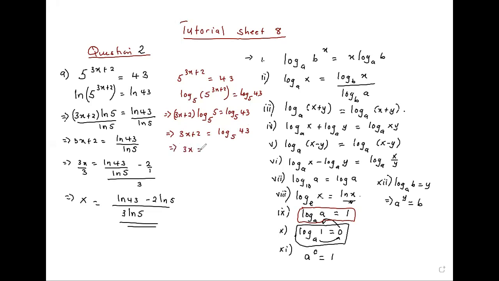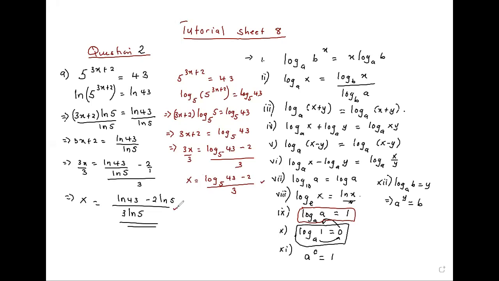So 3x is equal to log 5 43 minus 2, over 3. So x will be (log 5 43 minus 2) over 3. You can see I have a solution, and this is correct.